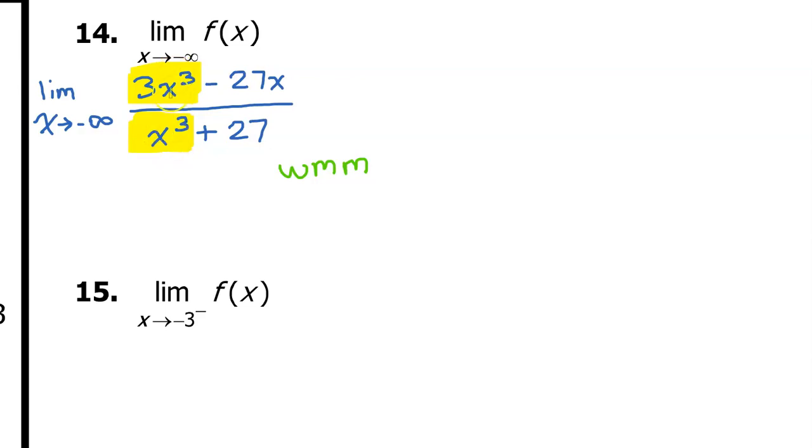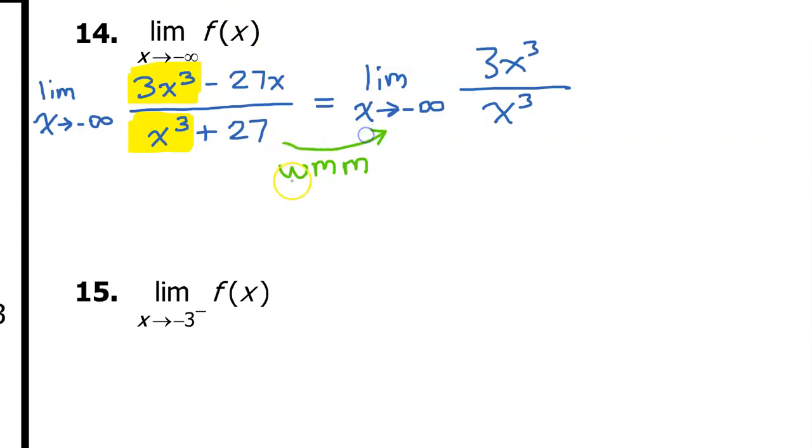So these are the two terms that matter the most, which is why this limit will be the same as the limit as x approaches negative infinity of just 3x to the third power over x to the third power. So we got from the first step to the second step by thinking about what matters most.